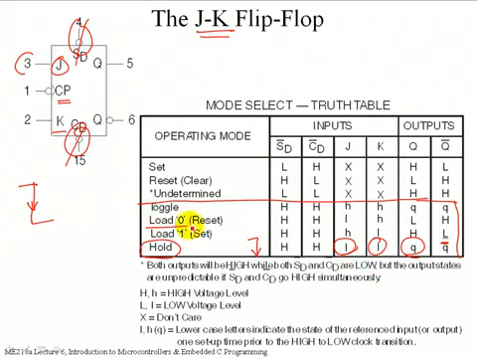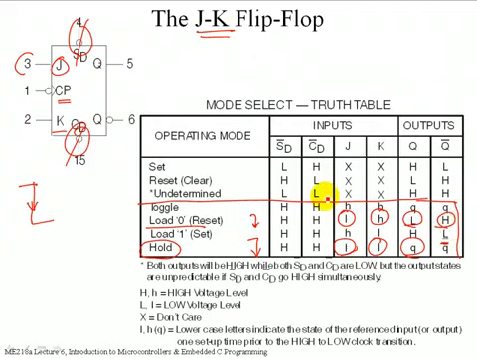So we load a 0, so if we make the K input high and the J input low, and put a falling edge in, then that's going to force the Q into the low state and the Q bar into the high state.